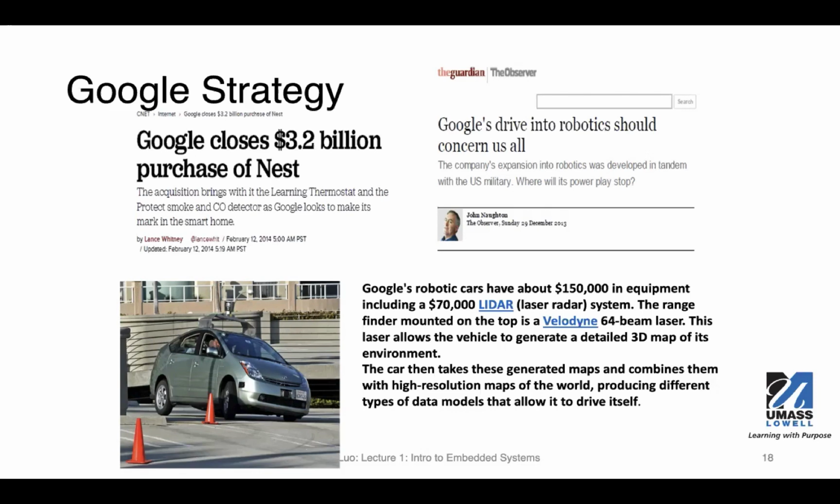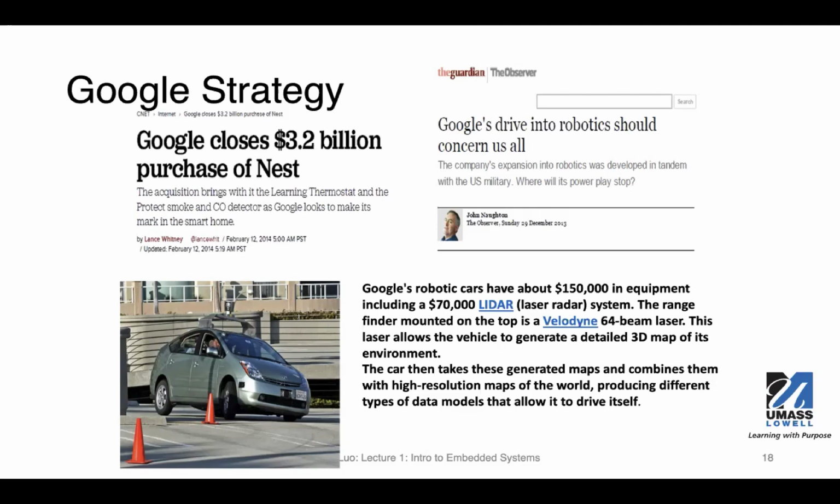Nest was the company that connected these thermostats by re-engineering and redesigning them into a cyber-physical system. So it still measures the temperature, but this temperature data can be sent to the cloud because the Nest sensor has this networking capability. And that's a game changer.